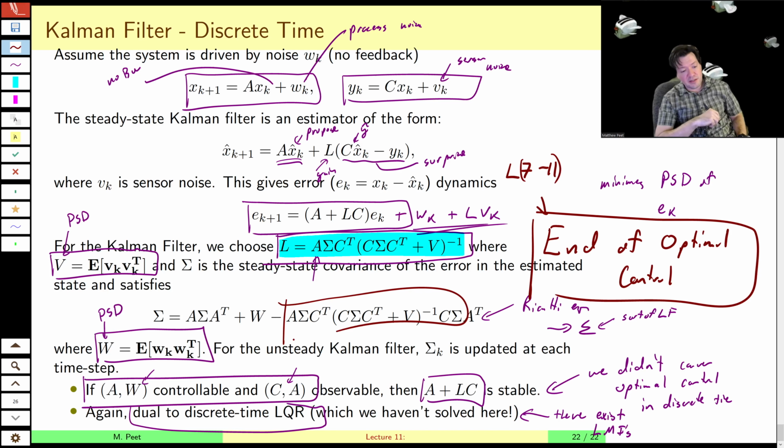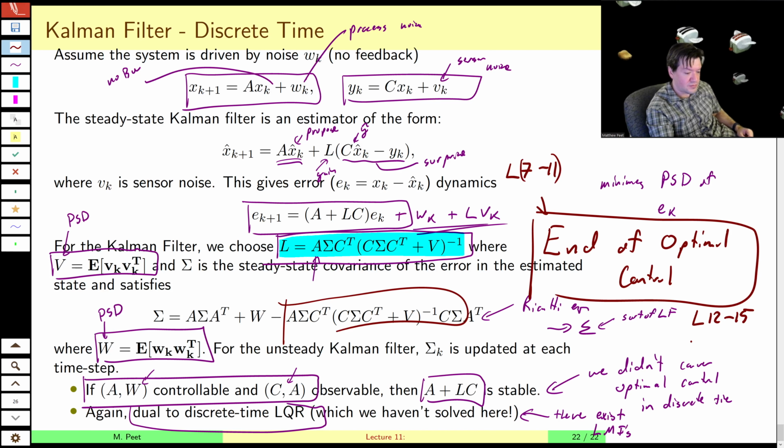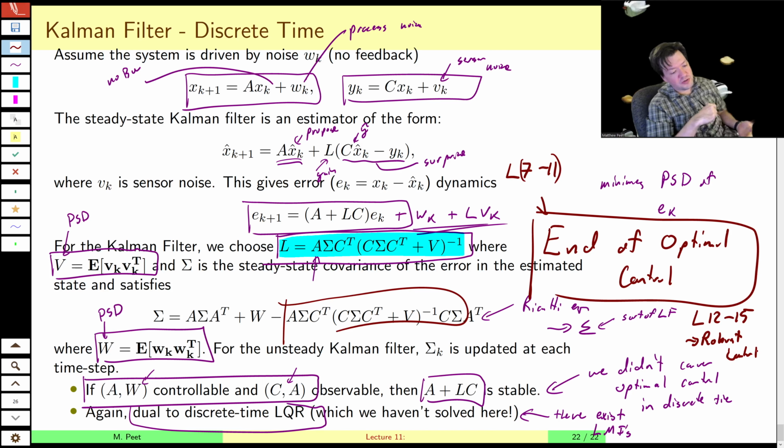When we come back in lectures 12 through, I believe, 15, we'll consider robust control. Robust control is a natural extension of the H-infinity framework.